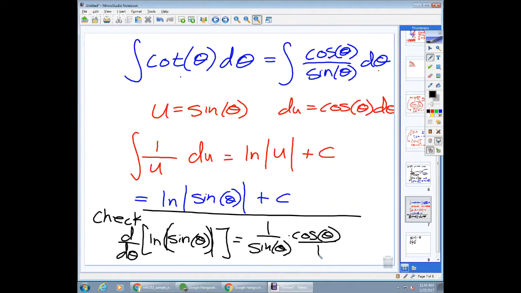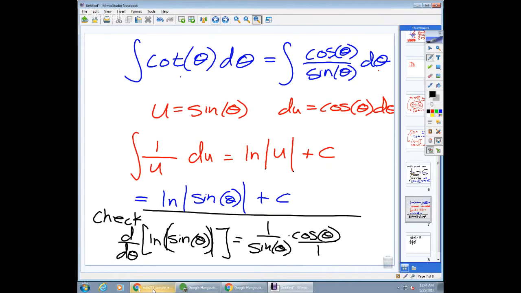So we get cosine over sine, which is definitely the cotangent. And I feel good now. Okay. So evaluation-wise, we absolutely need that absolute value. But when I actually try to compose it with functions and derivatives and integrals, it does get quite messy because it's a piecewise function.